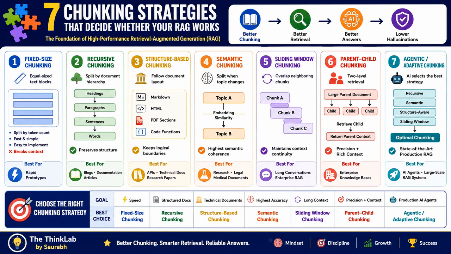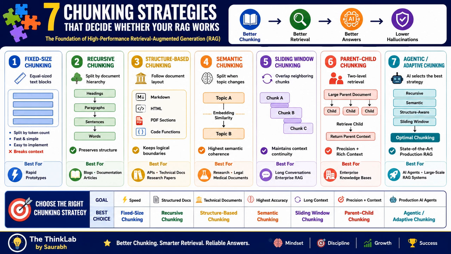Finally, the LLM generates an answer using those retrieved chunks, right? This is why chunking is the foundation of every RAG system. Better chunking leads to better retrieval, better retrieval leads to better answers, and better answers reduce hallucination.